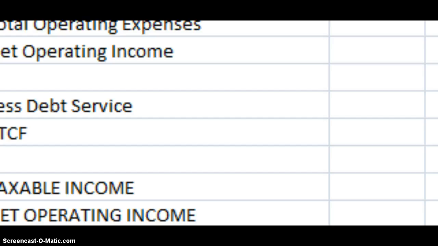Okay, so I maximized the screen here so it's a little easier to use and get this done. So let's go ahead and knock this out. All right, potential gross income, that's just going to be all your rooms rented out, paying rent for the year.